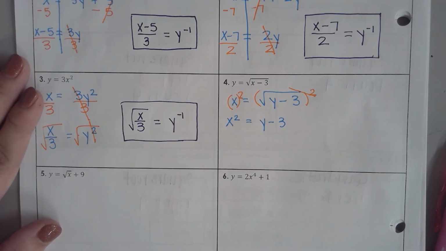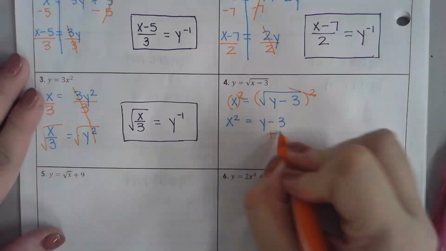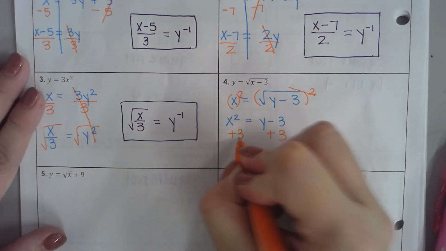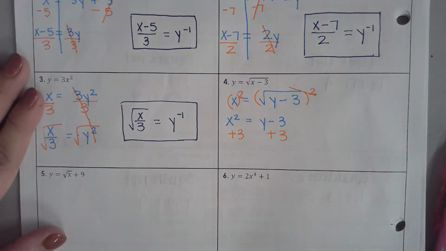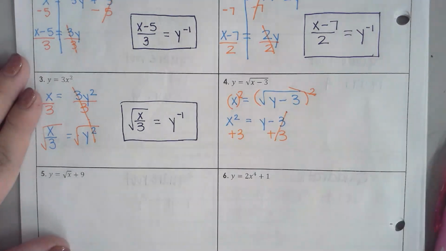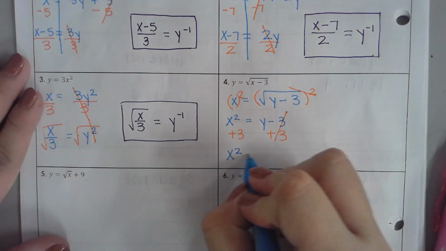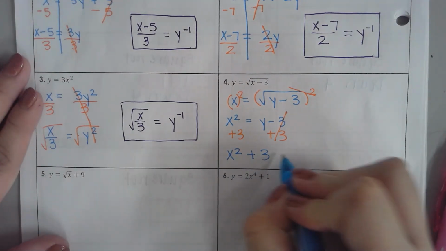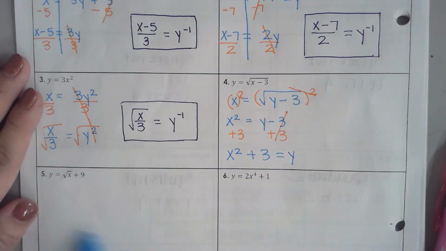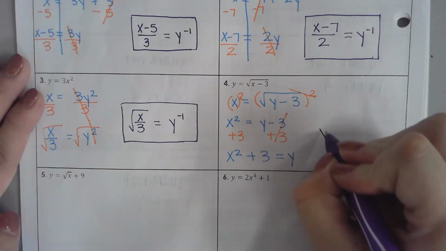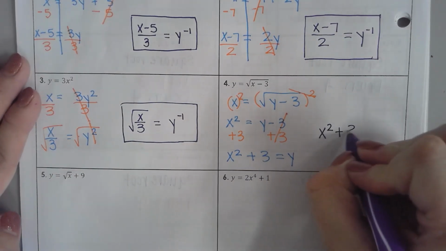How am I going to get y by itself? Add 3 to both sides. So those cancel. x squared plus 3 equals y, and I should have done that in my purple. Plus 3.